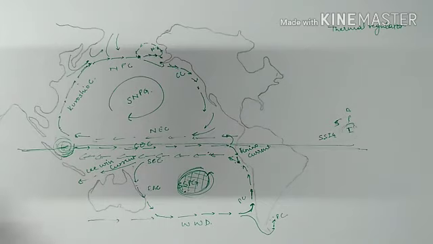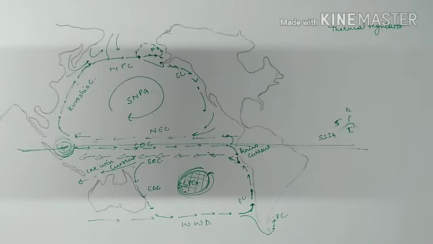Because the Norwegian current is a warm current, and on the Scandinavian peninsula the coast freezes during winter, but due to the warm Norway current, it remains open throughout the year.